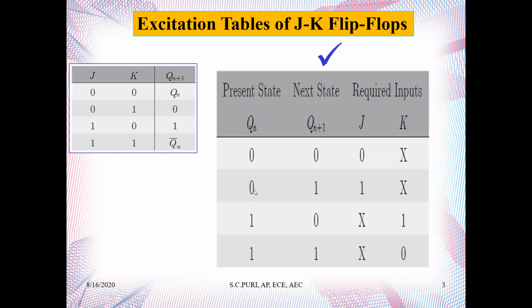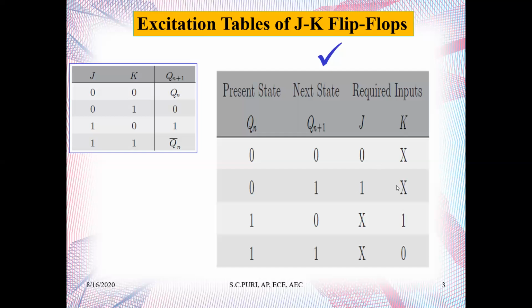So when it is from 0 to 1, it can either be toggling, which we know just reverses the state. So if it is 0, next it will be 1. It can even be achieved by the set input.